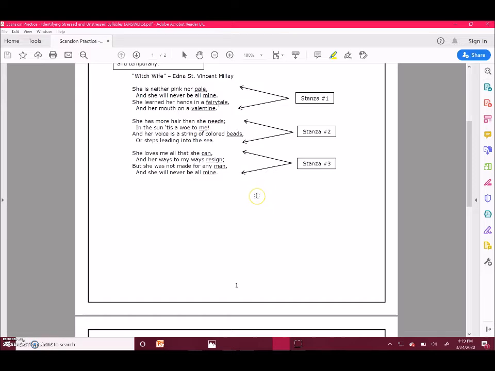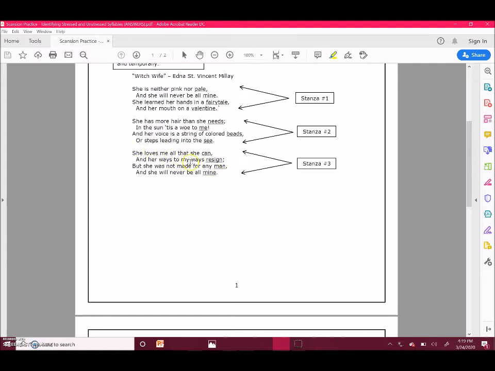If we listen to that over and over, if you say it a couple of times, you'll notice there is a sound pattern that develops. Da-da, da-da, da-da-da. Da-da, da-da, da-da-da. And her ways to my ways resign.